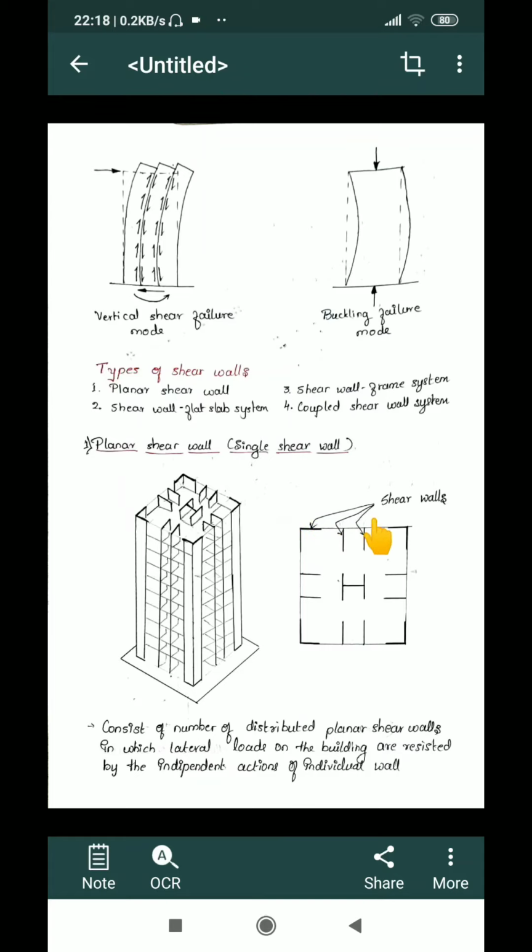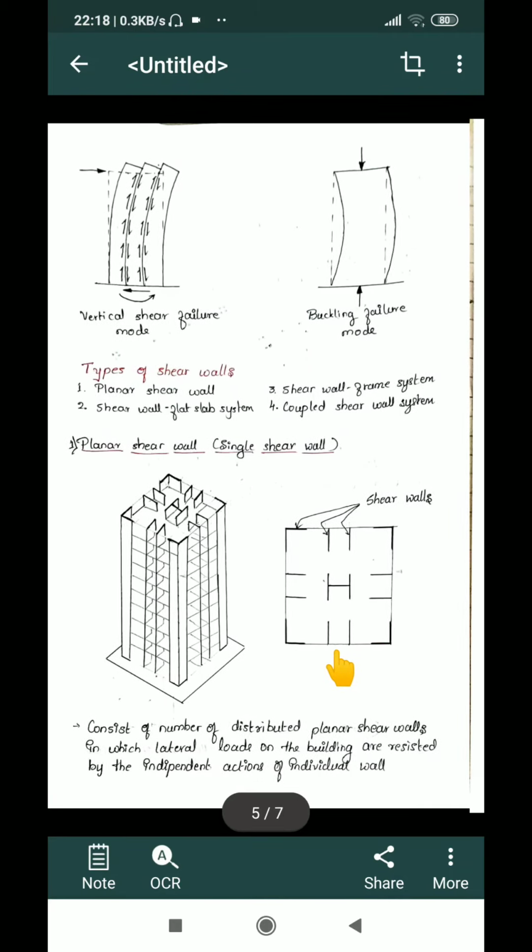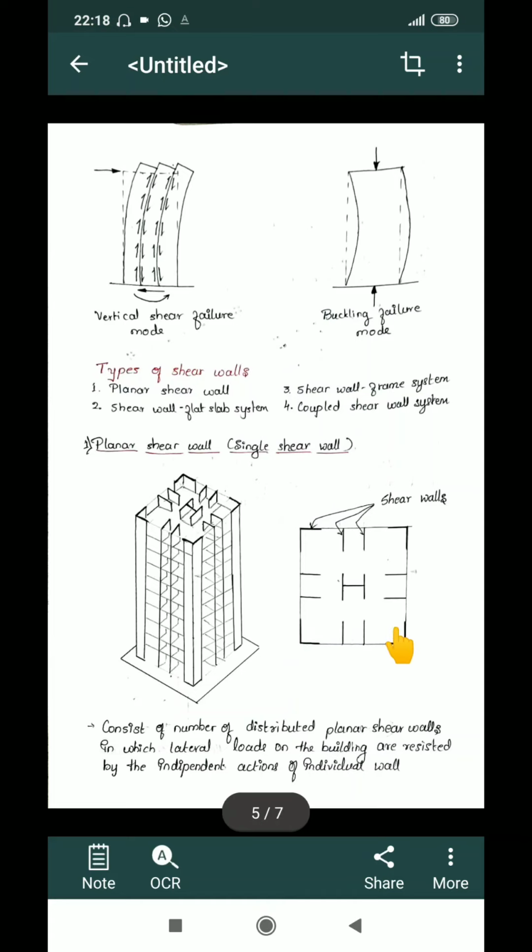If I provide a shear wall on one side and the opposite side is not provided with one, then this side will have excessive stiffness, whereas this side will have the least stiffness. Because of this there will be torsion, a twisting occurring about the stiffer sections. So provide shear walls in an equally distributed or symmetrical distribution.